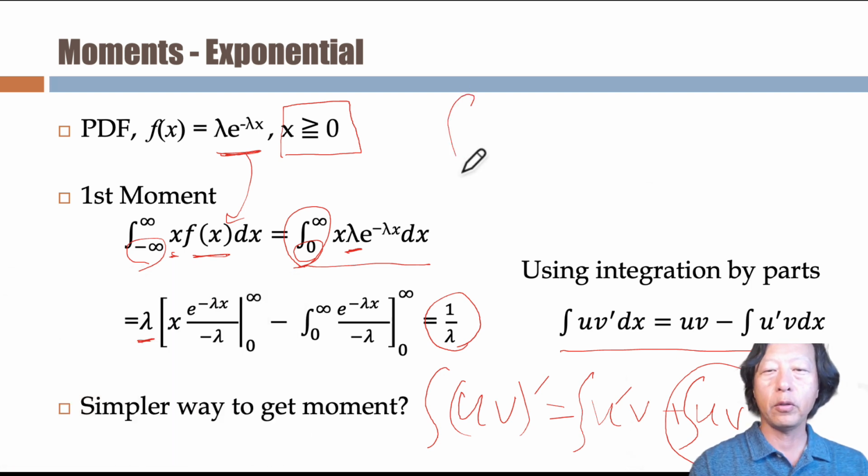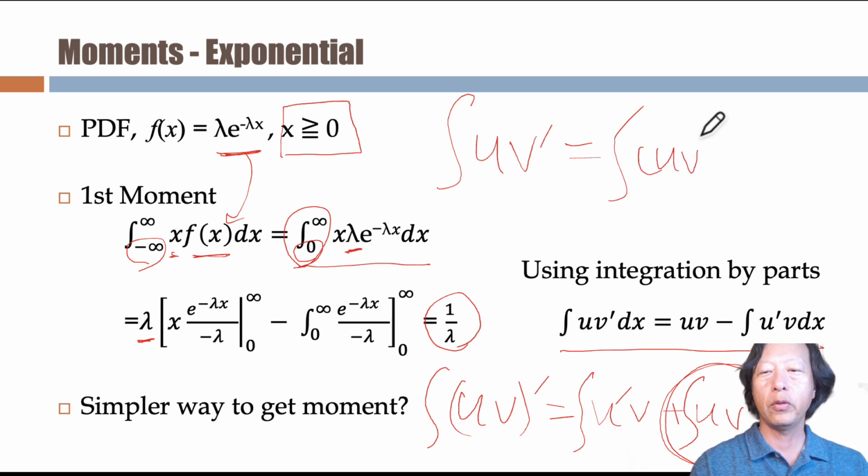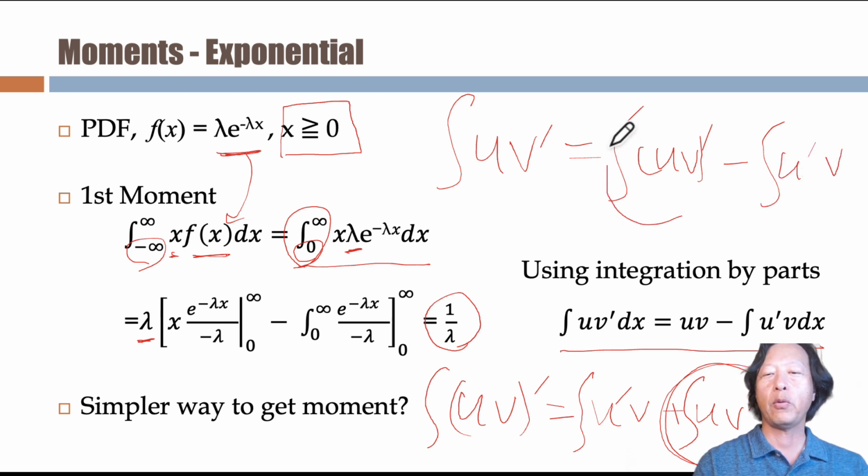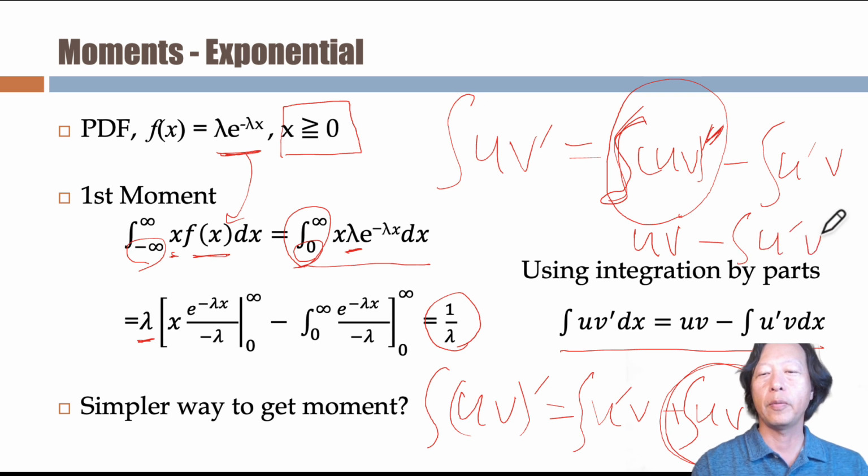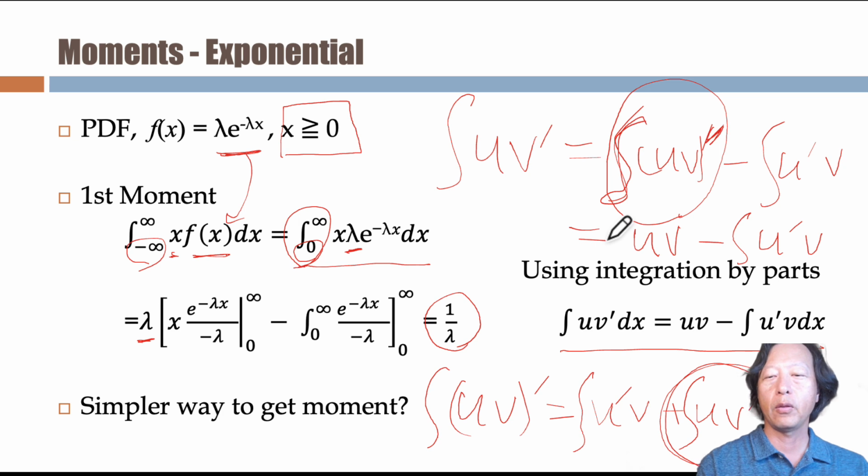To calculate this part, the integral of uv' equals uv minus the integral of u'v, right? The integral of the derivative simply becomes uv, and then this is u'v. So you can utilize this formula, and then you can integrate.